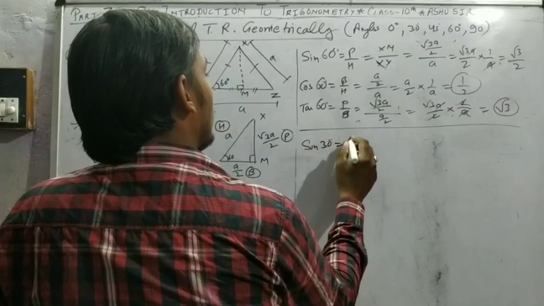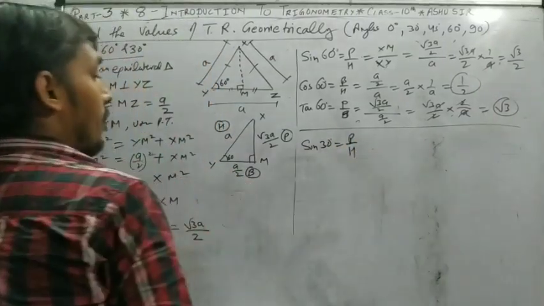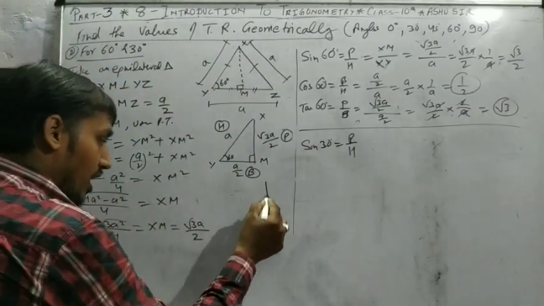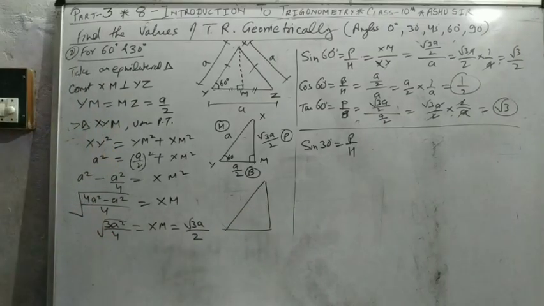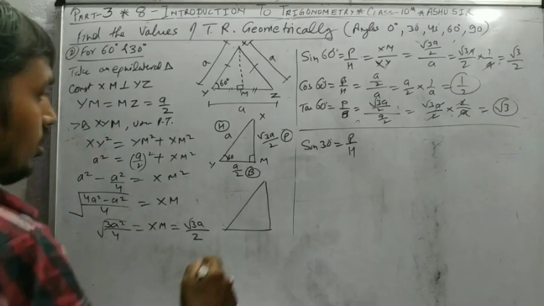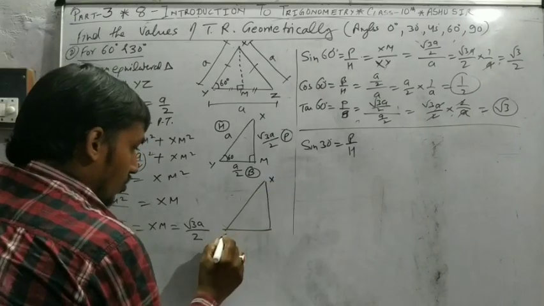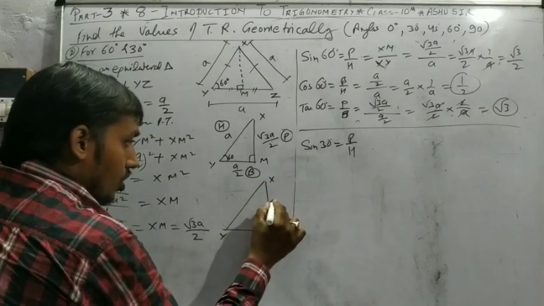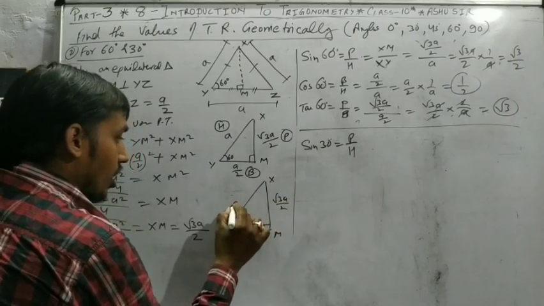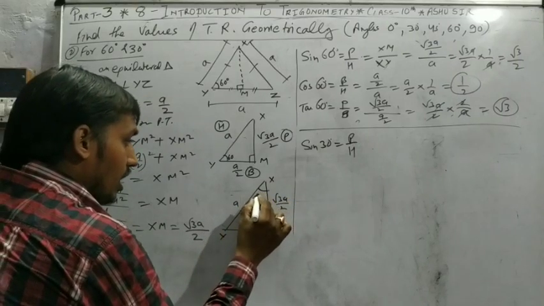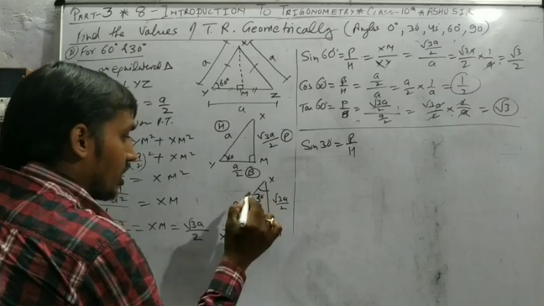Sine 30 degree, same, P by H. But if you see the figure carefully, you are able to see here that XYM is root 3 a by 2, and a. Here if you find the angle, that is 30 degree.